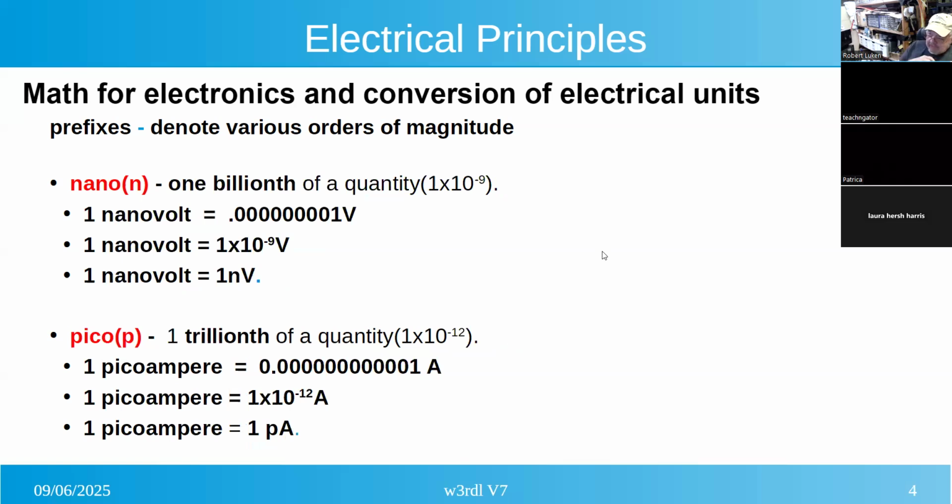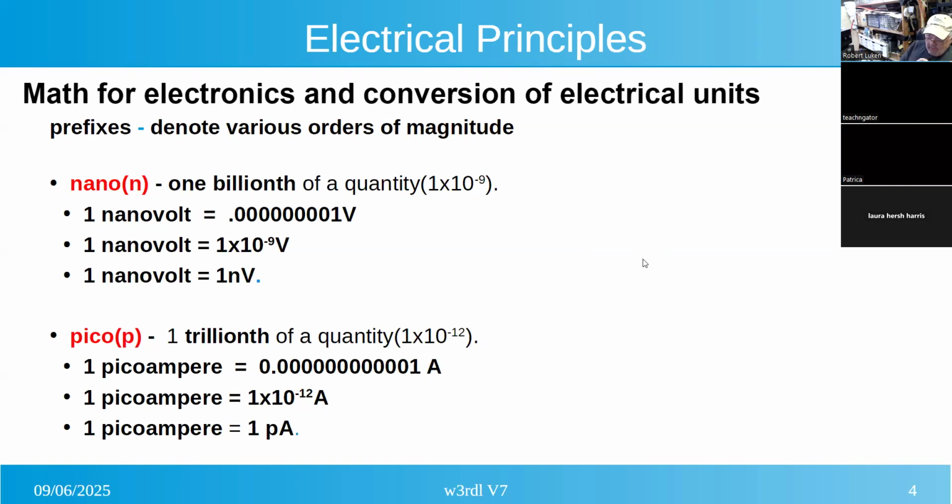We have nanos, which are getting smaller. It's a billionth, or 10 to the minus 9. And we use a small n to represent it. We might have a nanovolt, or a nanofarad, or a nanohenry. We get even smaller with pico, which is a trillionth, or 10 to the minus 12.